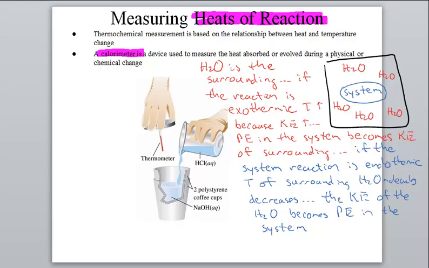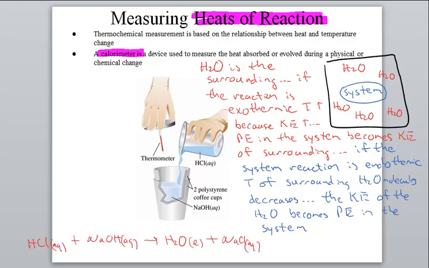This setup is also going to be open to the atmosphere, so there's no pressure change, and we're also going to do a reaction in which there's no change of volume of the system molecules, i.e. no gas produced or used up. We're not going to have any work done. So we're designing a setup so that the change of chemical energy is the only thing that's happening to the system molecules. No work change, no kinetic energy change.